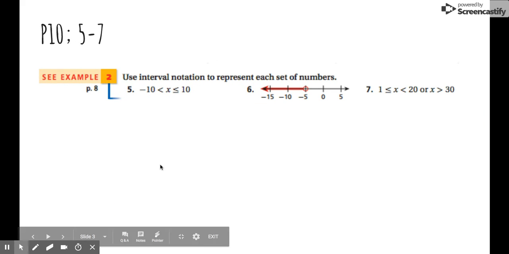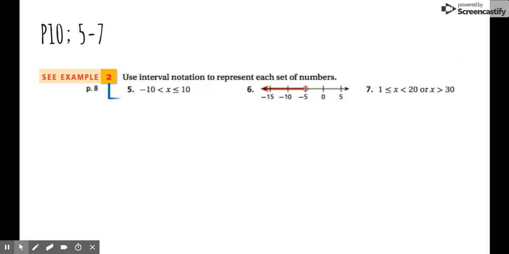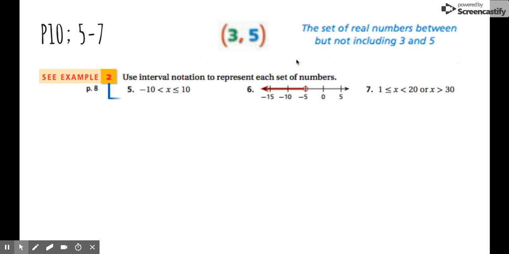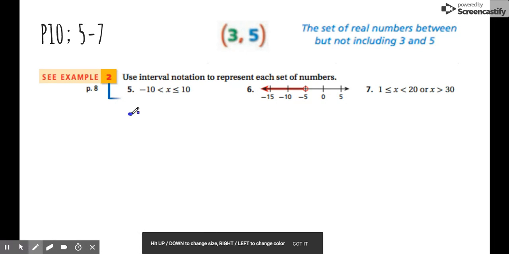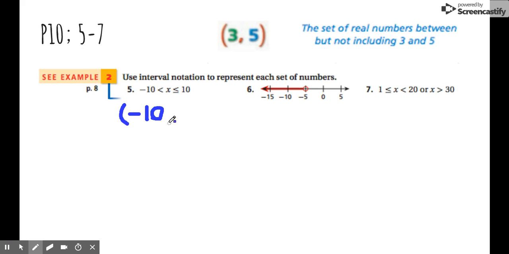Use interval notation to represent each set of numbers. So let's recall what interval notation is. It's using your parentheses or brackets with numbers in between. So interval notation for the first one does not include -10, so it uses a parenthesis.